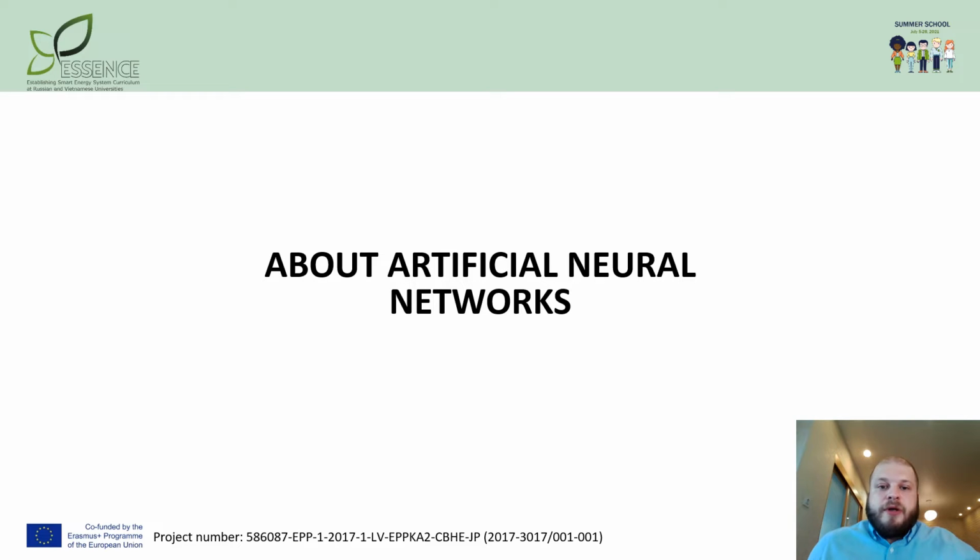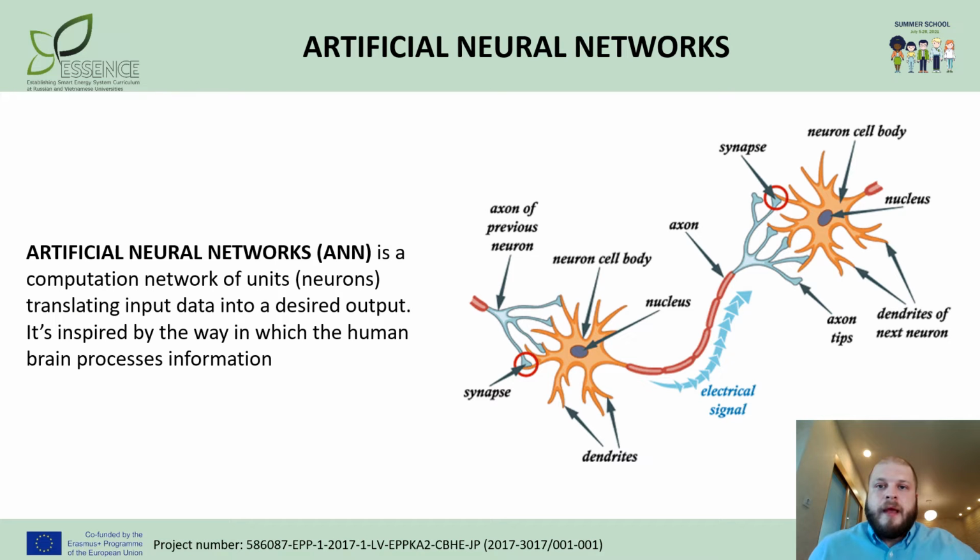Let's start our talk about actually what is an artificial neural network. Artificial neural networks are biologically inspired computer programs designed to simulate the way in which the human brain processes information. Actually, artificial neural networks gain their knowledge by detecting the patterns and relationships in data and learn through experience, not from programming.